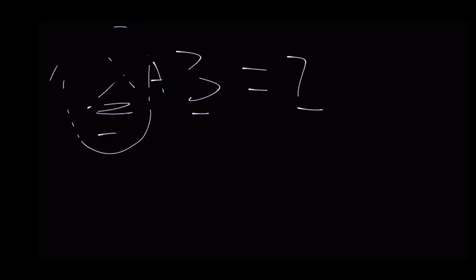I'm pretty sure you guys have learned what PEMDAS is. If not, I'll explain it. PEMDAS is where you use parentheses and exponents, multiply, divide, and addition and subtraction. So it's going to look something like this.